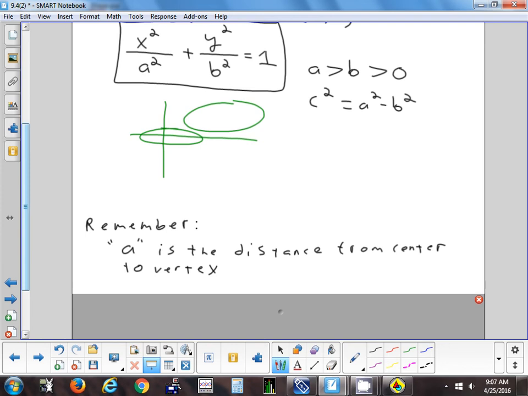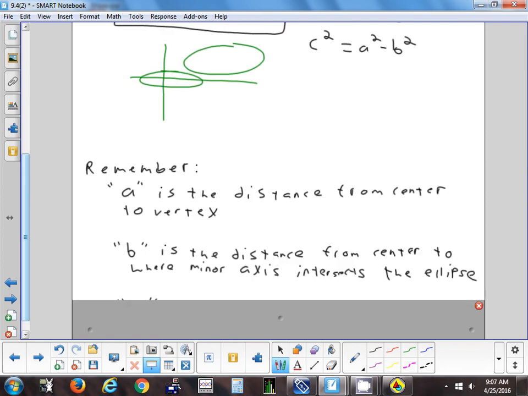All right, so here are a couple things that are going to help us figure out a, b, and c. a is the distance from the center of the ellipse to the vertex. b is the distance from the center to the minor axis.